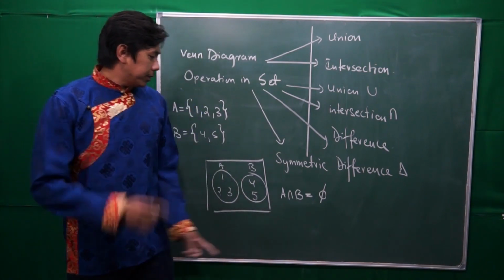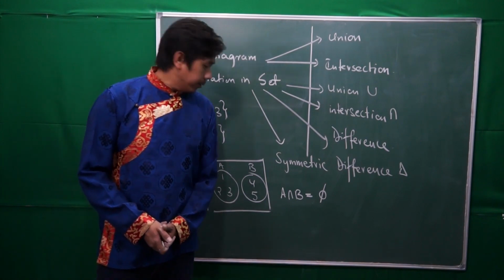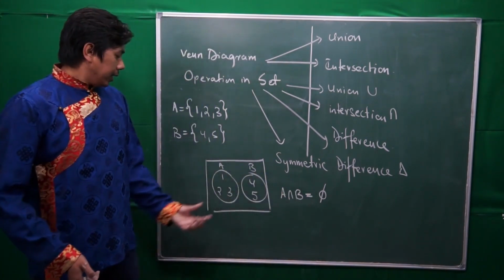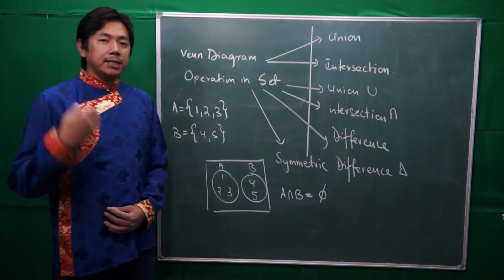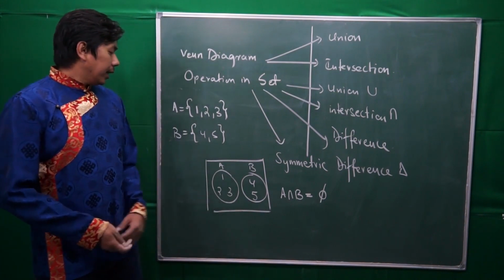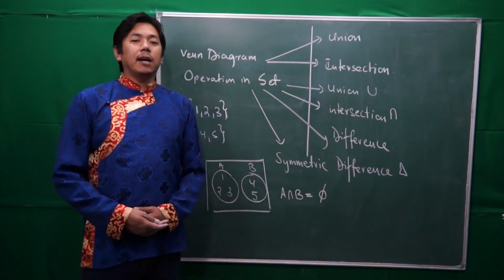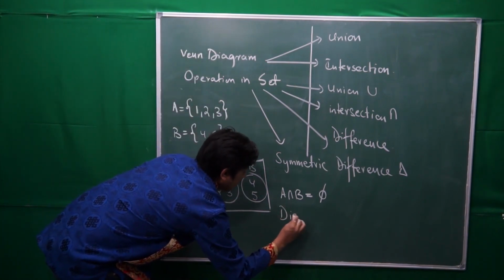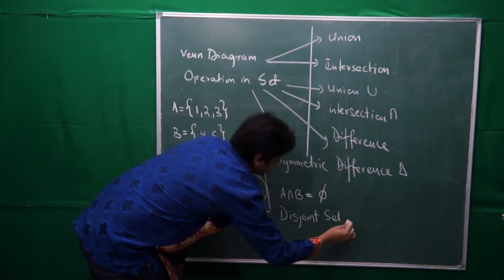Now this symbol is a null set. Everyone remembers it; we talked about it earlier as well. So A intersection B would be a null set. Reason? There are no overlapping elements, and such sets in which the intersection is always a null set are called disjoint sets.